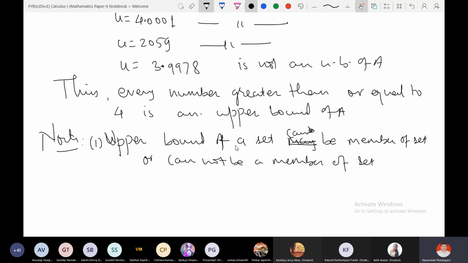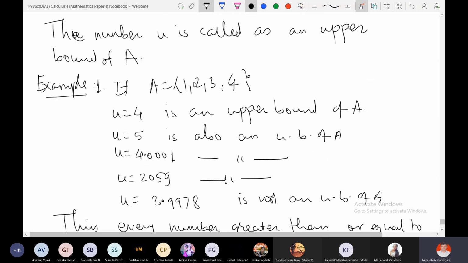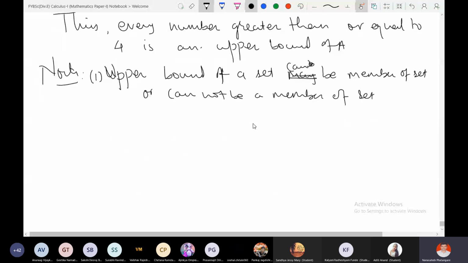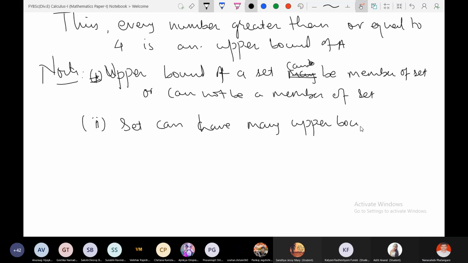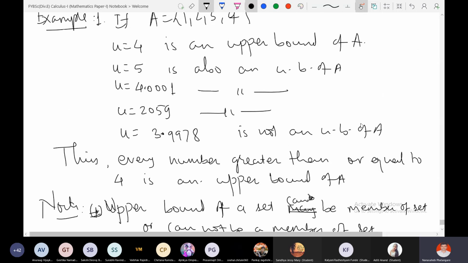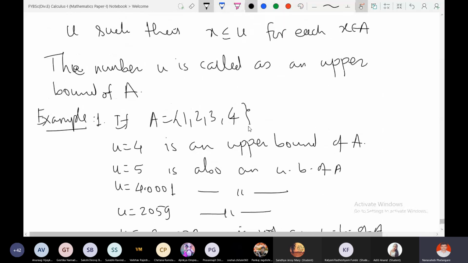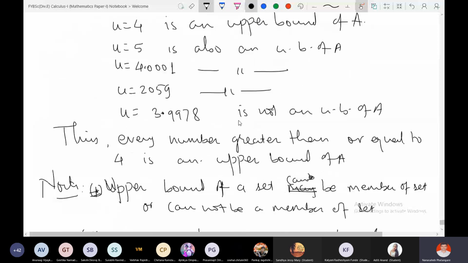Upper bound can be a member, cannot be a member, doesn't matter. 4 is an upper bound, 5 is an upper bound, but 5 is not a member of the set. A second observation is that a set can have many upper bounds. So this set has many upper bounds. Every number greater than or equal to 4 is an upper bound. That you can observe immediately.